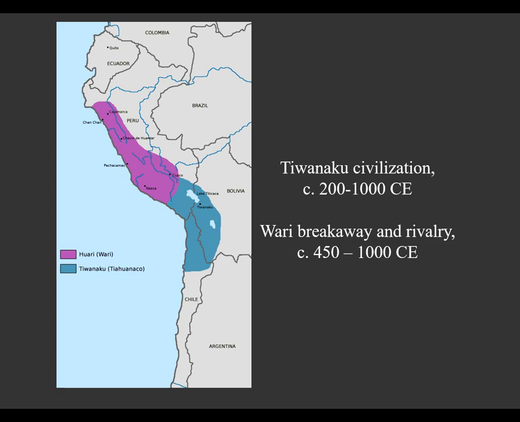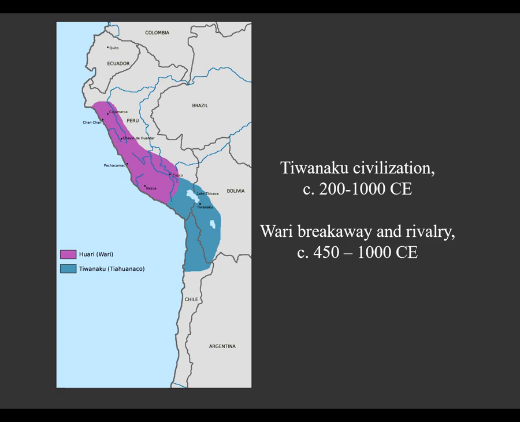One of their giant cities that grew a little bit further away to the west was called Wari, which eventually broke away. It basically declared independence and became powerful enough to actually achieve independence and start off on their own empire that would rival Tawanaku.